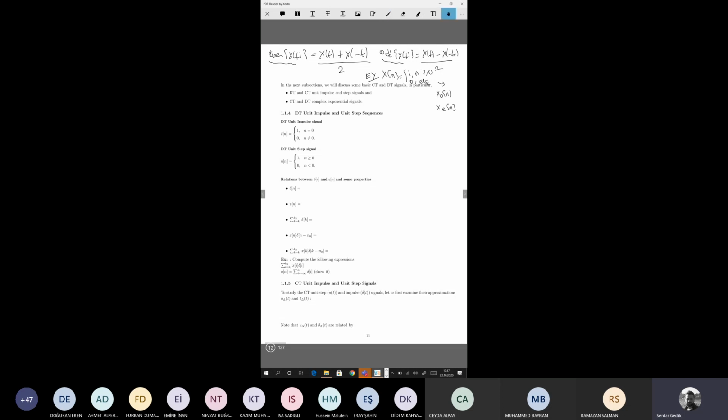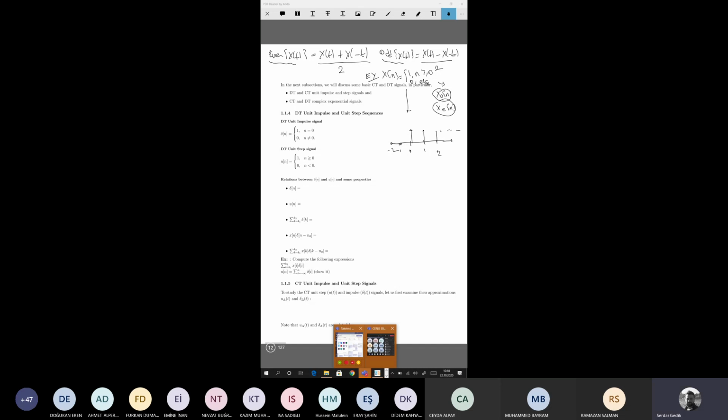So what is x of n, by the way? 0, 1, 2. It is this, right? All samples are 1. It goes on like this, and it is 0 otherwise. This is -1, this is -2. So please find the odd and even parts of the signal as your homework or exercise.